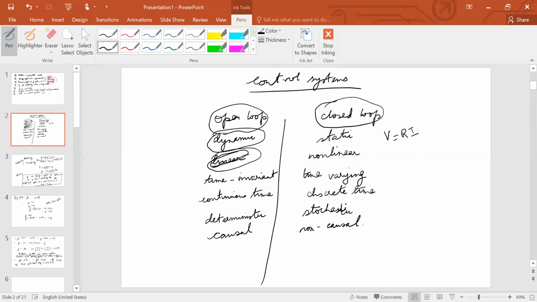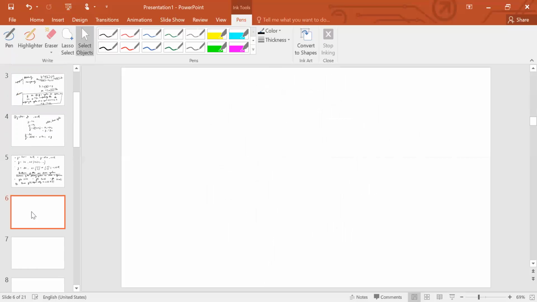Okay, so without further ado, let me now go back to describing what we mean by the linearity of a dynamic system. As you might have guessed, for a dynamic system, it depends on time. So basically, instead of just a value, you have a signal with respect to time.